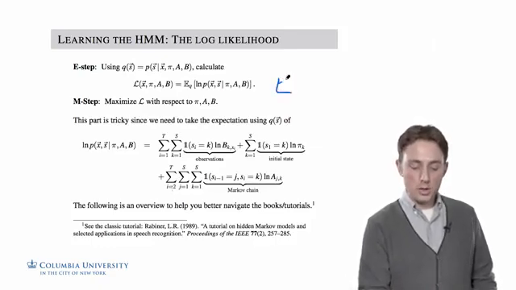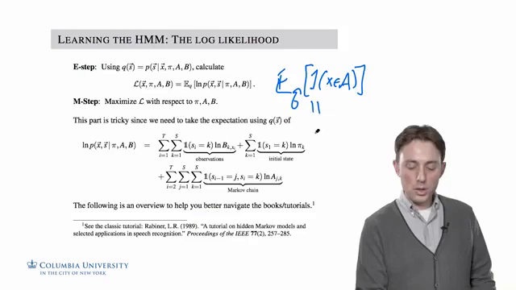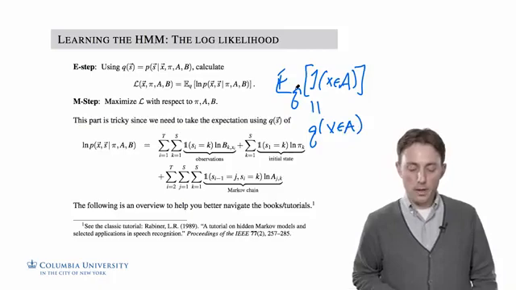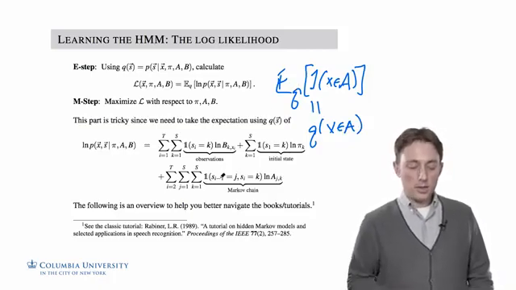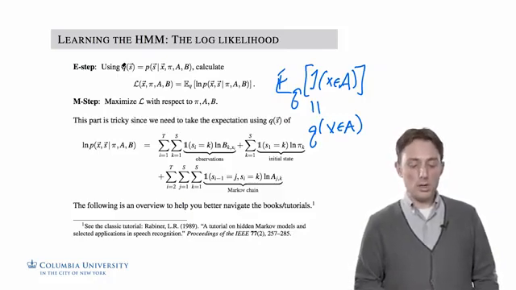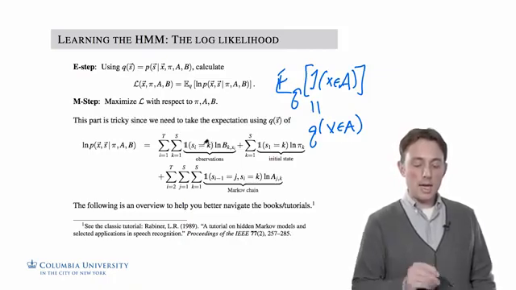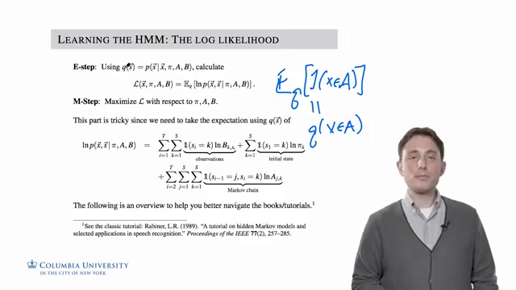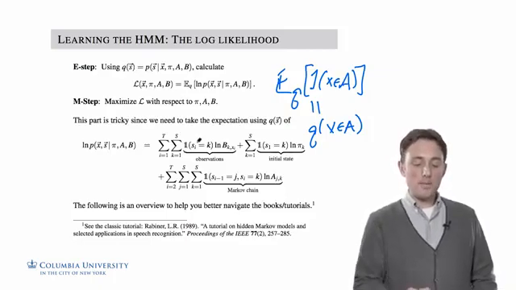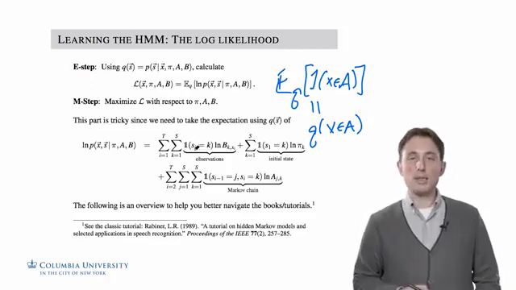So if I have some distribution Q, and I have some indicator of an event, X is in a set A, for example, that's simply equal to the probability that X is in A, according to the distribution Q. So I have a bunch of indicators here that I'm taking the expectation of with respect to this full posterior distribution. And so notice that when I take the expectation of the event of being in state k at time i, according to this, I'm actually summing over all states at different time points except for at time point i.